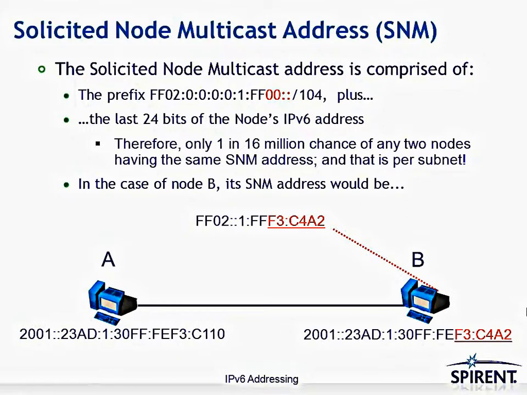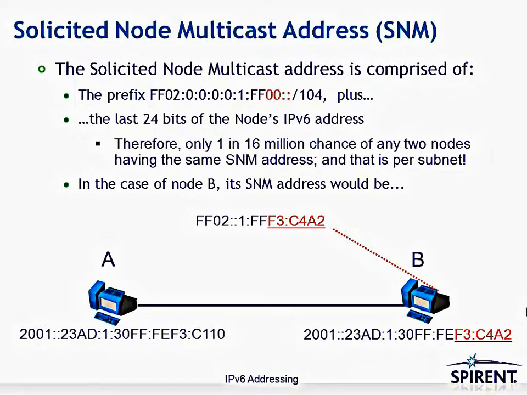So essentially you can configure a device, or through some automatic mechanisms, which I'll talk about later, a device can configure itself using its own MAC address, creating its own solicited node multicast address, which has a 1 in 16 million chance of being unique on any one subnet.